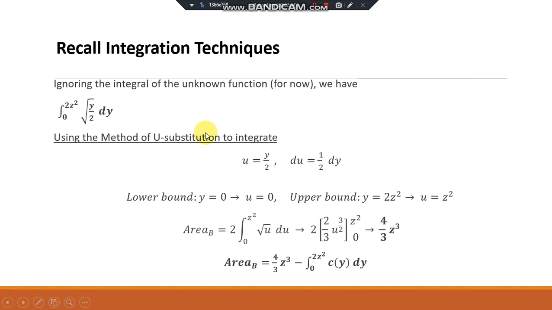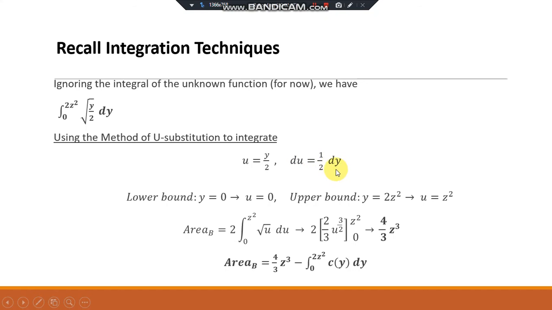So if we ignore the unknown equation and we leave this simple one, the best method to calculate this integral is to do the u sub, because we have a linear function inside the square root. So let's assume u equals y over 2. Then we know the derivative is equal to 1/2 dy.